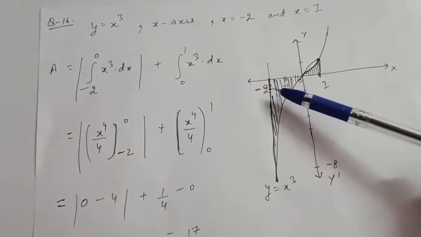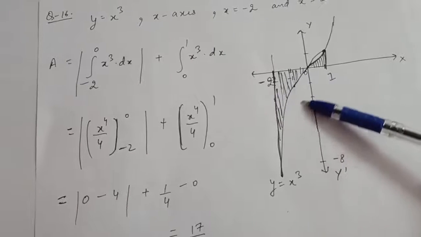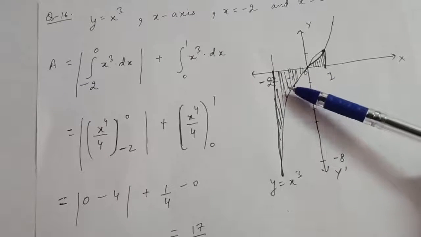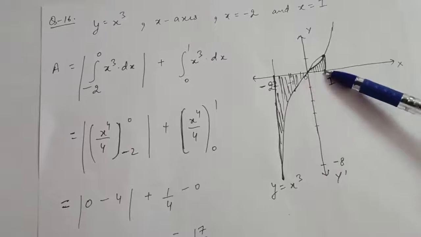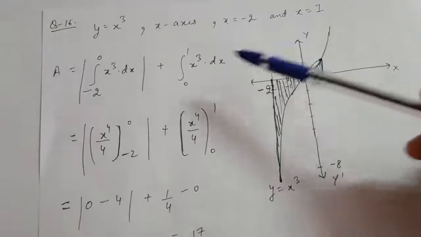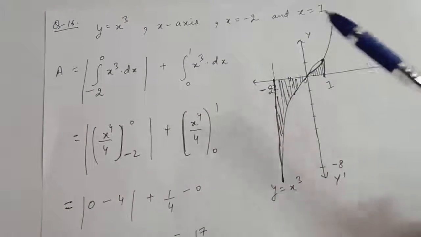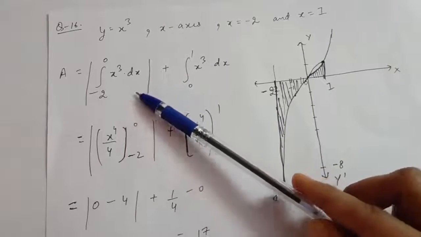Now you can see from the limits -2 to 0, the value of this area will come negative because it is below the x-axis, and from 0 to 1, because the region is above the x-axis, the value of this integral will be positive. Therefore for this integral we will consider the absolute value, right?